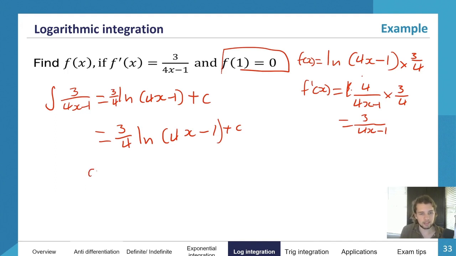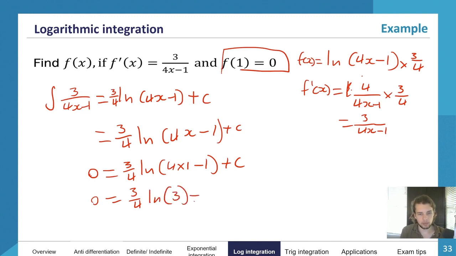So we can say 0 is equal to 3 over 4 ln(4 times 1 minus 1) plus c. Sorry about that, I made a mistake there and was confused for a second. So now it's 0 equals 3 over 4 ln 3 plus c. So now c is equal to minus 3 over 4 ln 3.